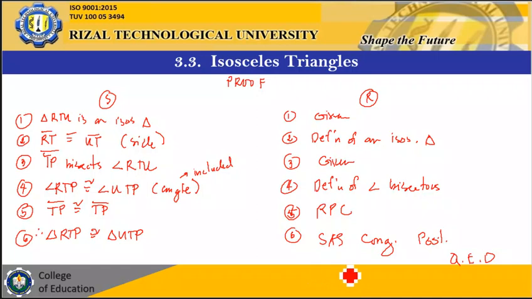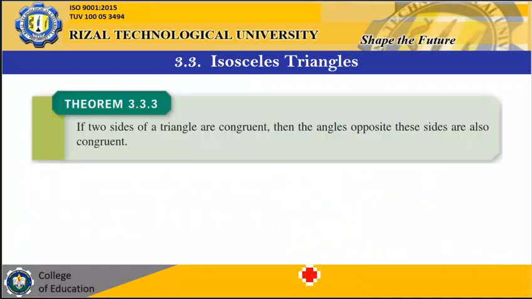Okay, next theorem is actually an important theorem because it talks about the relationship between the base angles of an isosceles triangle. Okay, so the theorem says that if two sides of a triangle are congruent, then the angles opposite these sides are also congruent.